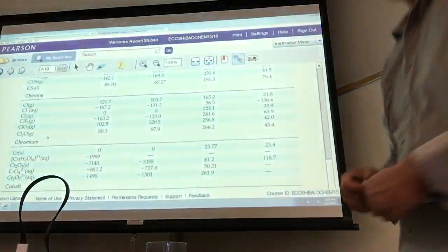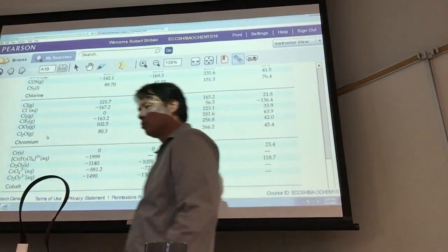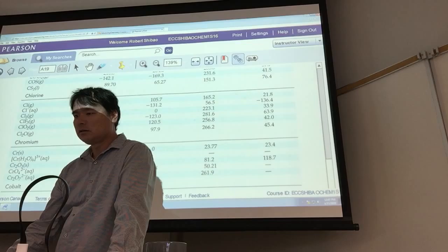But before we do that, I want to talk about one other thing with entropy. And that is this. What's the difference between a rule and a law?